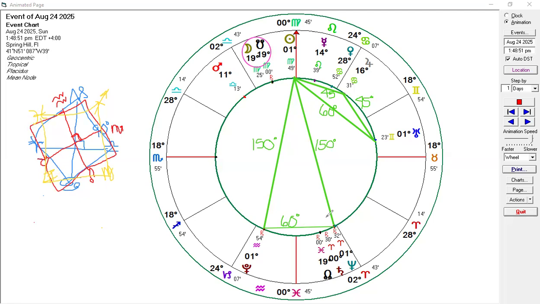But my point is, I just want you to see that we have this 150 degree angle, the inconjunct or quincunx. It's that funny one, right? My point is that when we start looking at the angles, we can start seeing the patterns and the harmony or the disharmony.